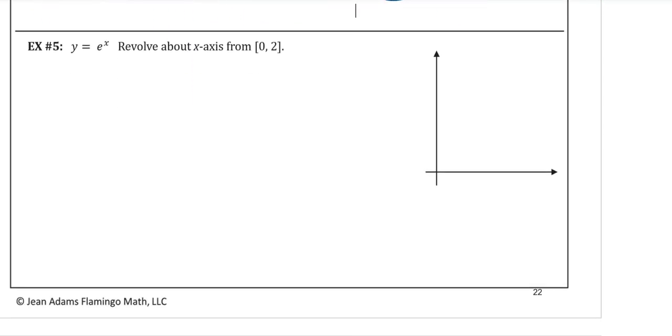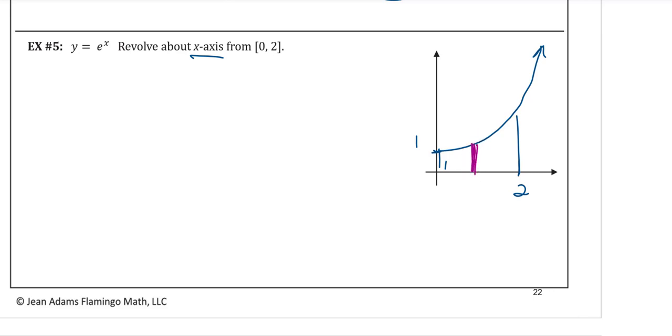Okay, so you guys try the next one. I'll draw the picture here, and then you see what you get. So now we have e to the x, which would look like that. It crosses the y-axis at 1, and we're revolving around the x-axis, and we're going from 0 to 2. So here's where we're at. So here's where the little disc will be.